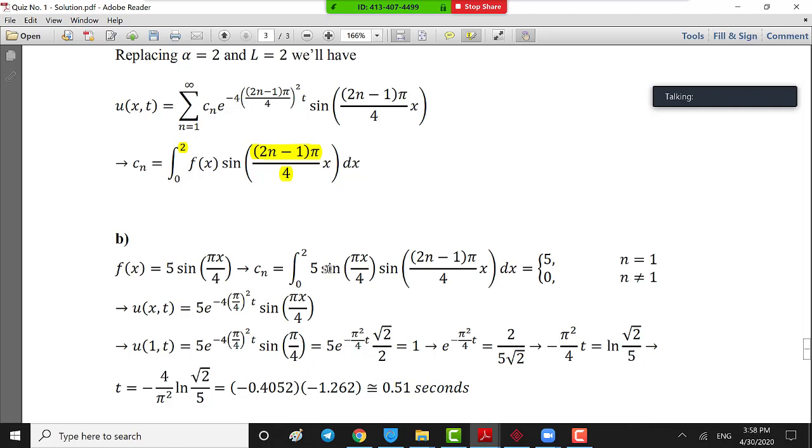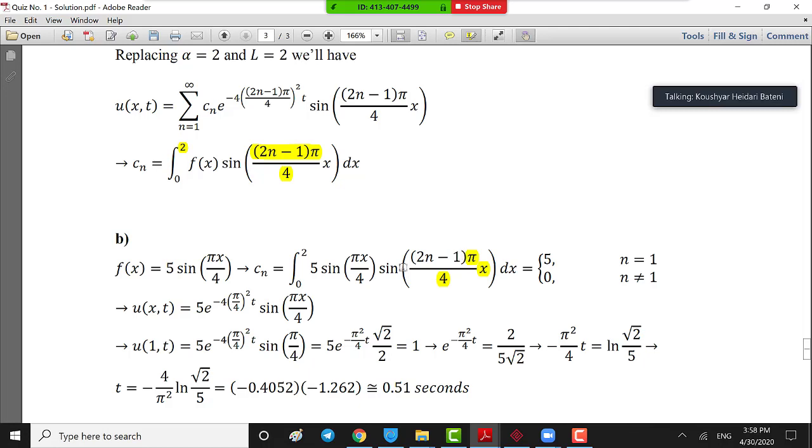Because, look, here we have sine of pi x over 4, and here we have sine of pi x over 4 times 2n minus 1.